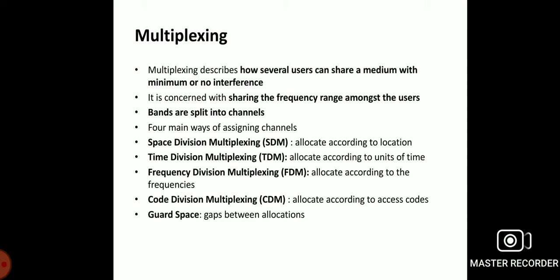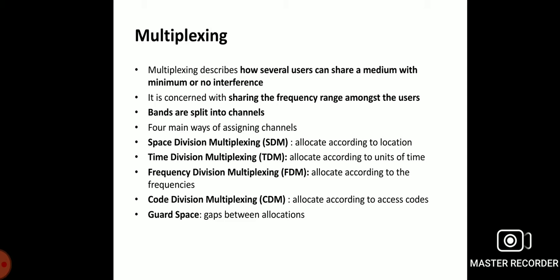There are four main ways of assigning the channels. Number one, space division multiplexing, SDM. It allocates according to the location. The second scheme, time division multiplexing. It allocates according to units of time for each individual subscriber.